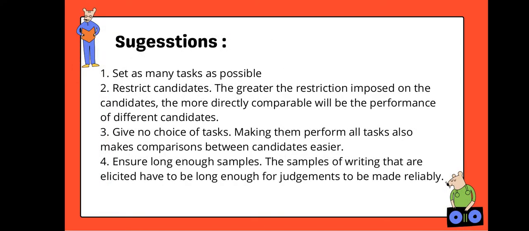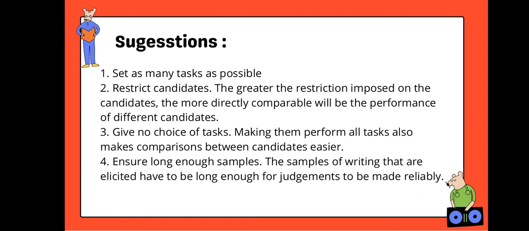Suggestions. First, set as many tests as possible. Second, restrict candidates. The greater the restriction imposed on the candidates, the more directly comparable will be the performance of different candidates. Third, give no choice of tests.